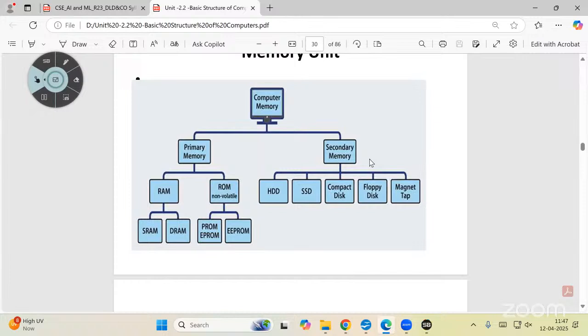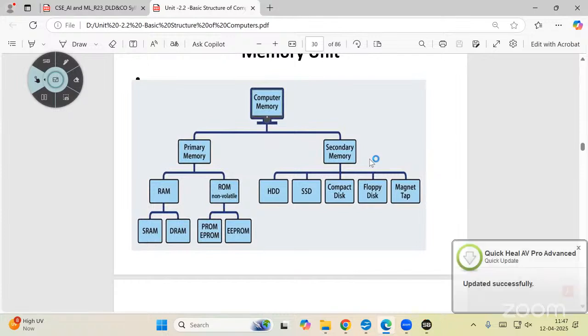Both are memory devices, both are memory elements only. But what is the difference? What is called primary, and why is the other called secondary memory?